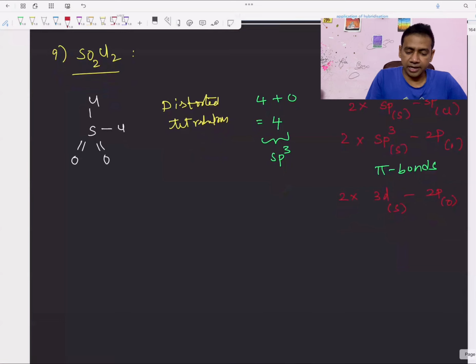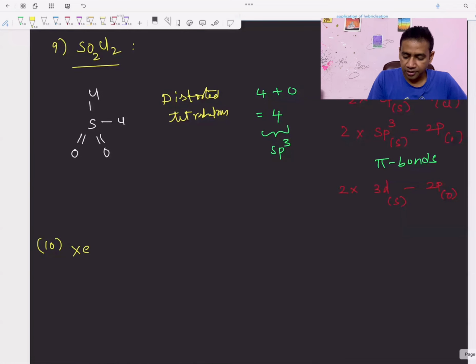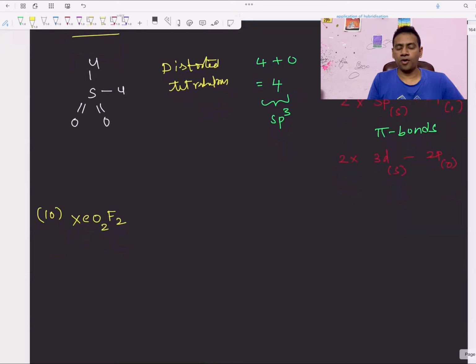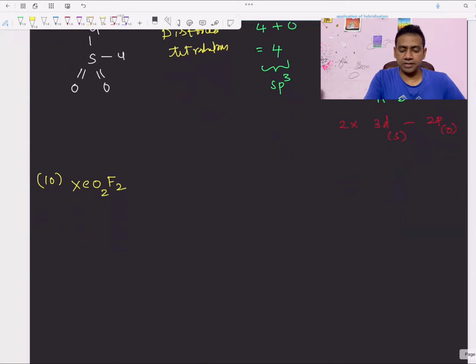Now let us take another example, XeO2F2. Let us have a molecule XeO2F2. Now let us first make its Lewis dot and VSEPR prediction. Xenon belongs to the 18th group.